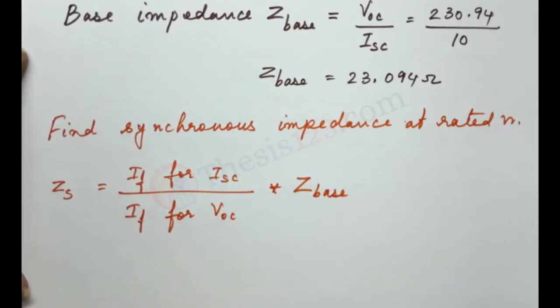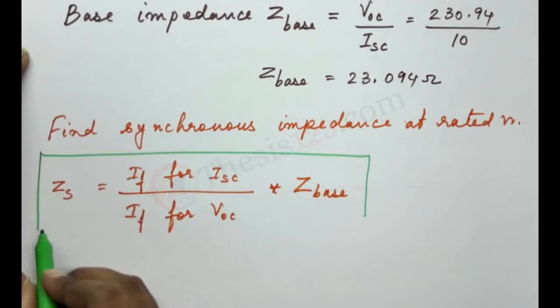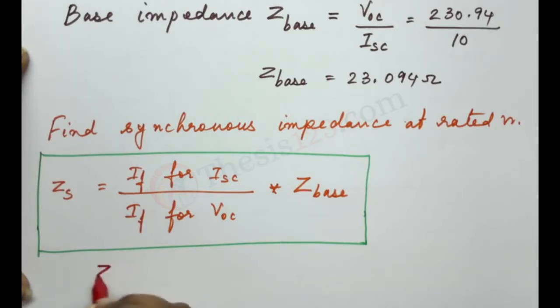This is the equation, the formula that we will have to use in order to find out the synchronous impedance. Okay, so now let's note down the values from the question given to us.